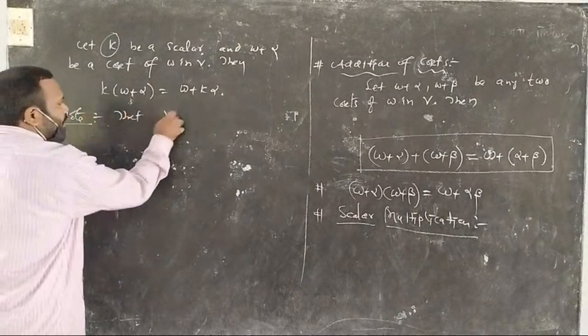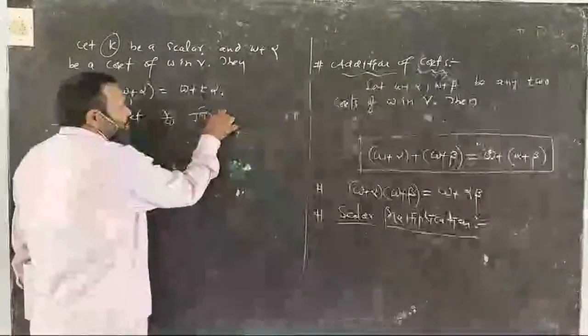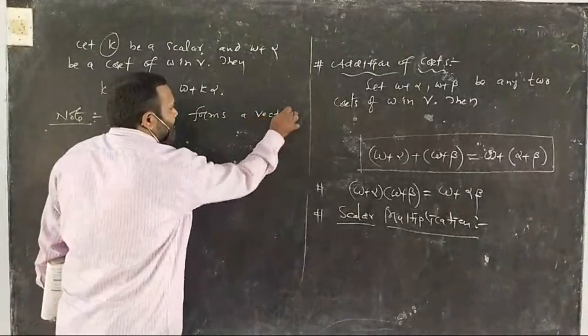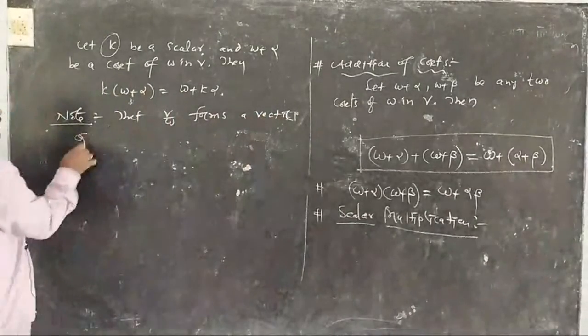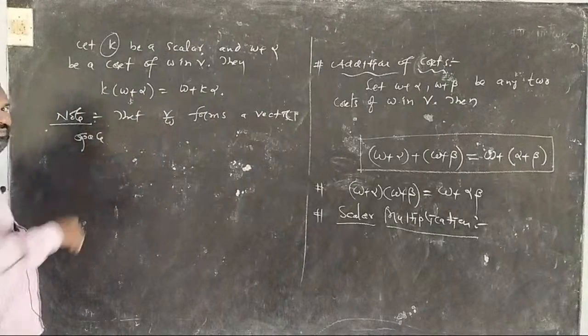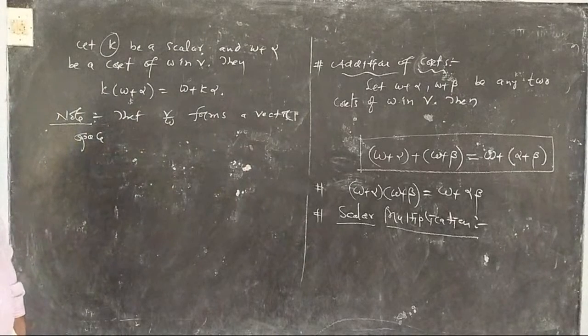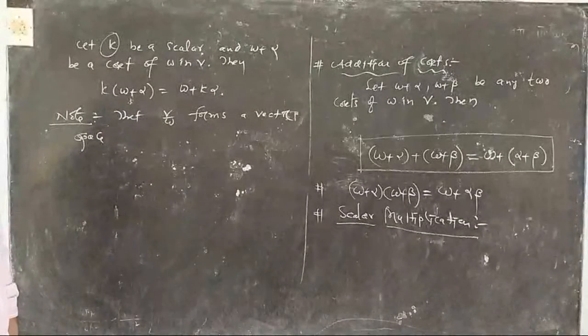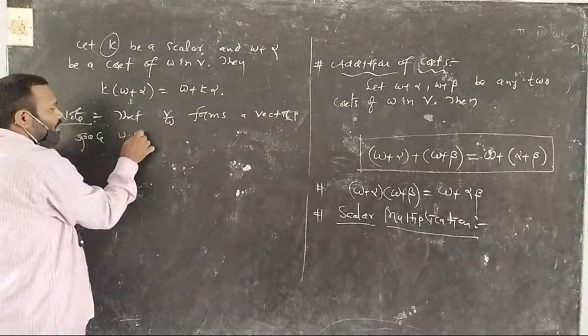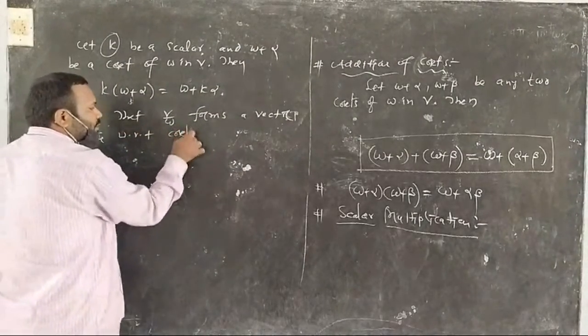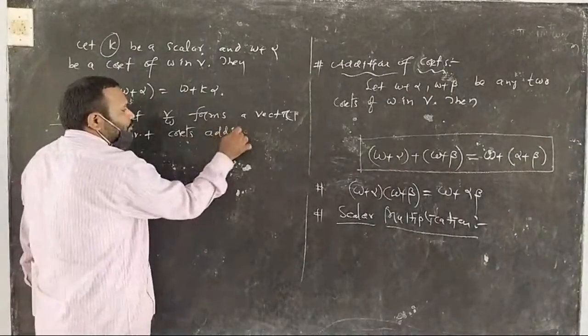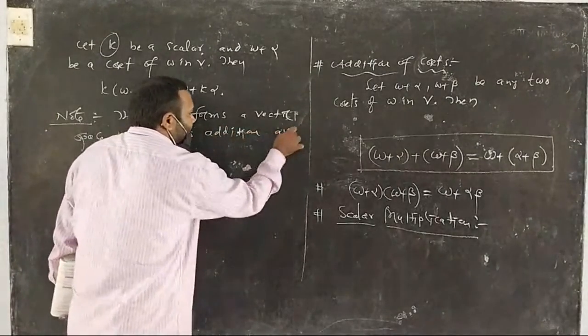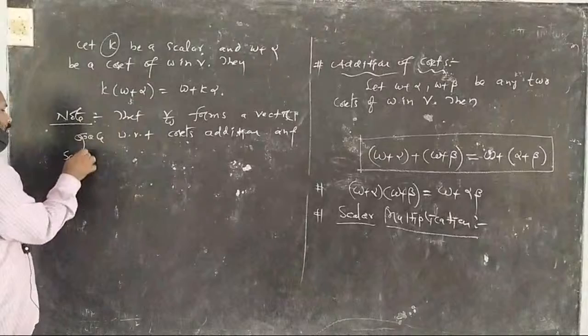The set V by W forms a vector space. It forms a vector space with respect to quotient's addition and scalar multiplication.